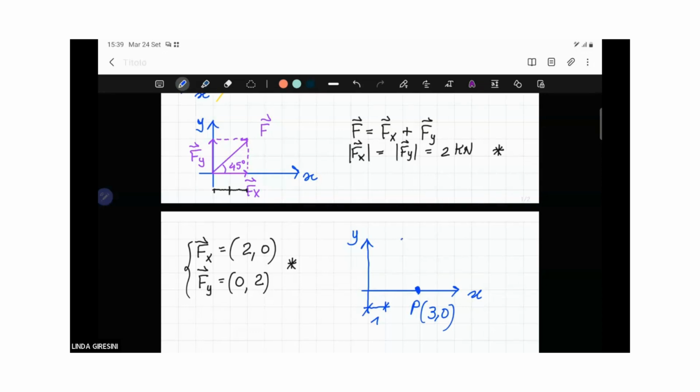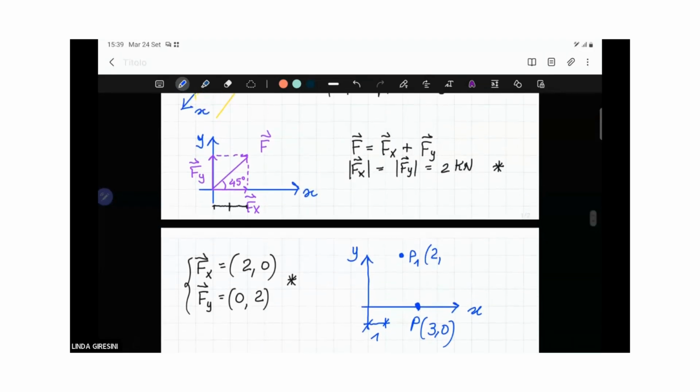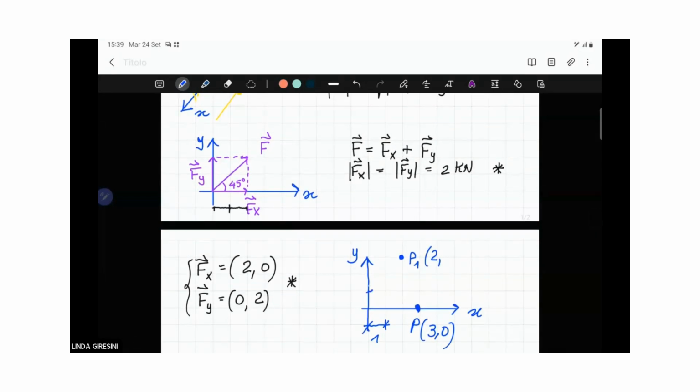Okay. If I take this point, P1, what are the coordinates? 2 and 3. 1, 2, 3. Okay? So the force is the same because the tail of the force finishes at point 2, 0. Okay? The other force, Fy, finishes at point 0, 2. Clear? Yeah.